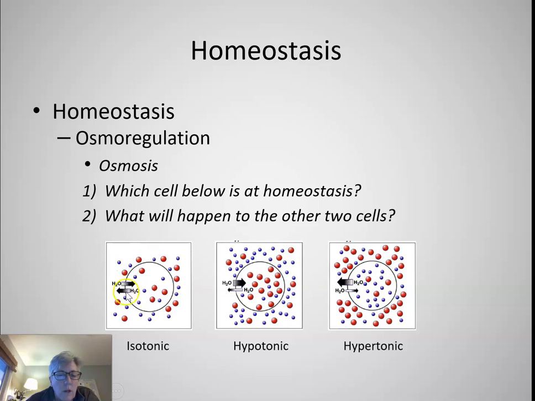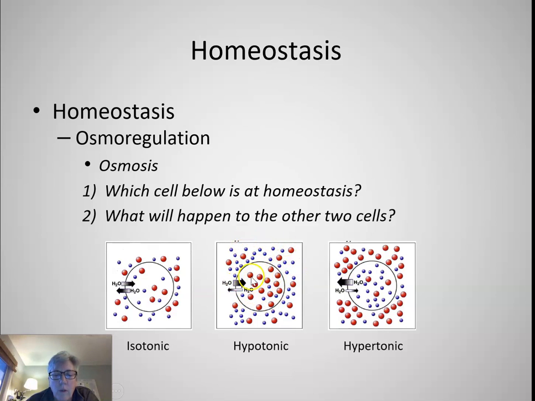An isotonic cell means that the solute concentration inside the cell and outside the cell is roughly equal, so the net water flow in and out of the cell will be in equilibrium. A hypotonic solution means that the solution has fewer solute particles than the inside of the cell.